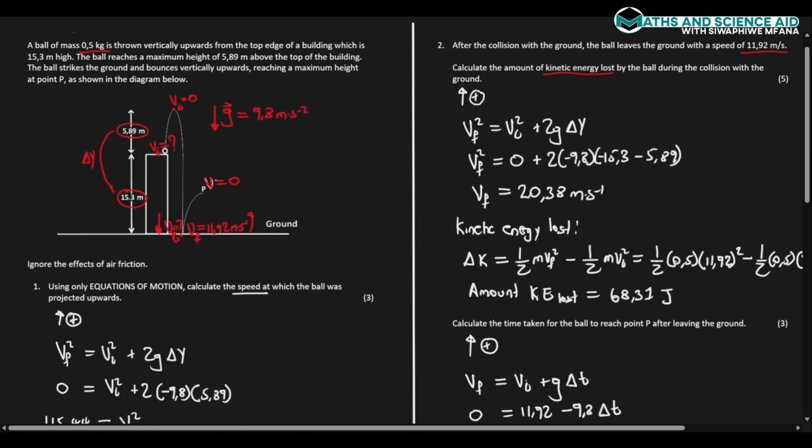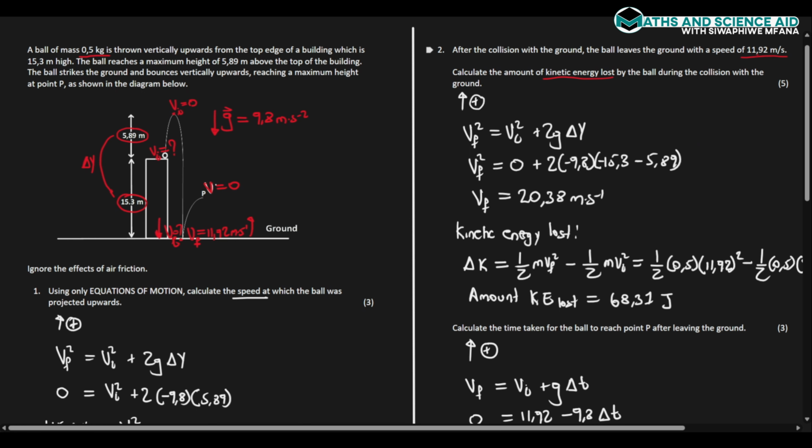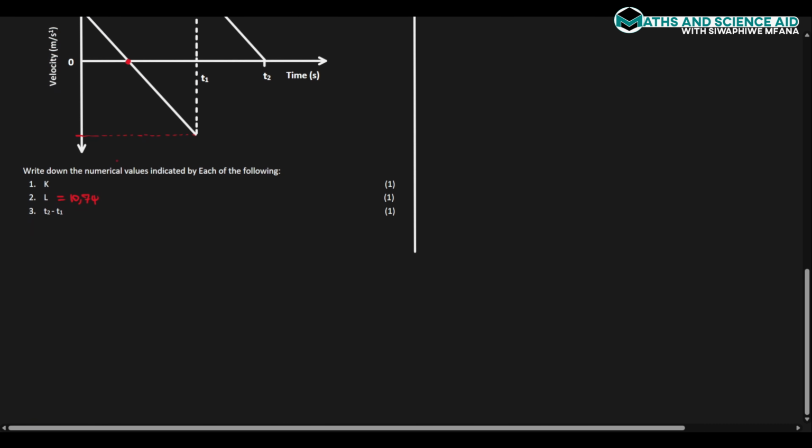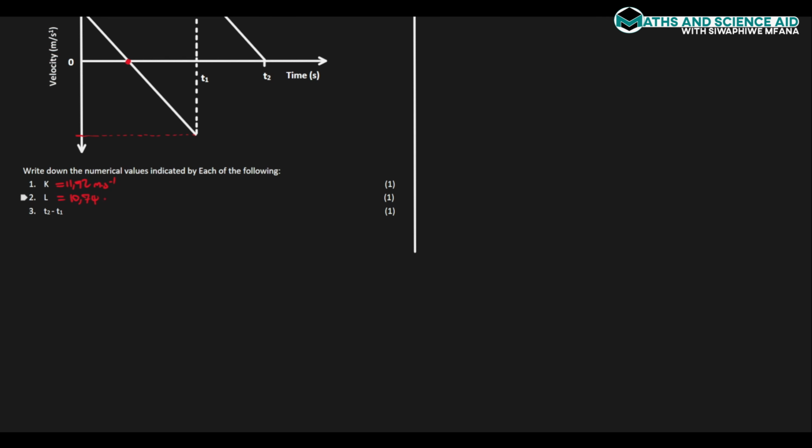Well, in fact, we did not work it out, but we were given that it is 11,92 meters per second. So K here is equal to 11,92 meters per second. Also here, meters per second.